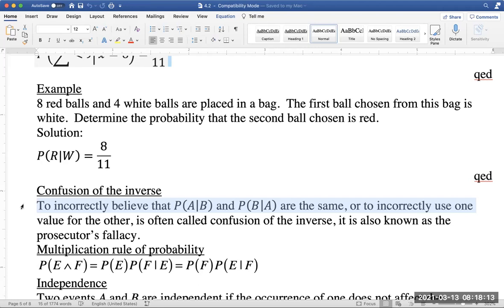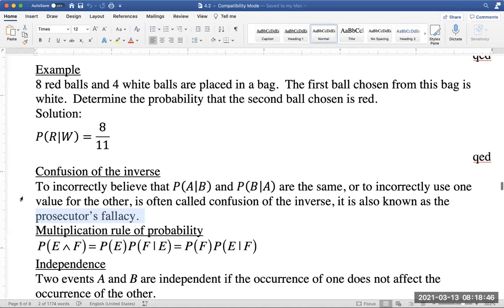And so this is usually called either confusion of the inverse or the prosecutor's fallacy. When you incorrectly believe that A given B is the same as B given A, or you use, as an argument for A given B, the argument B given A. It is known as the prosecutor's fallacy.